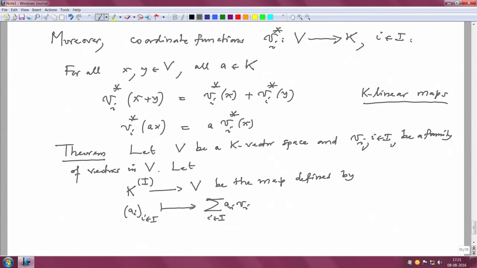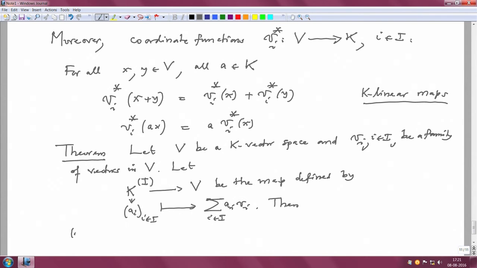This makes sense. This is a finite sum, and each tuple will uniquely determine this combination. Then these statements I am writing are merely translations of the definitions that we have above.